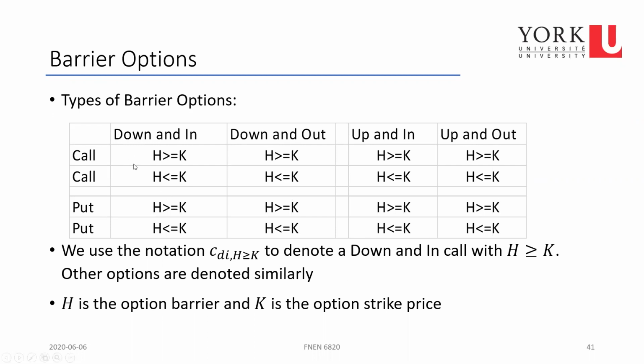For barrier options, let's say as a call, you can have a situation where the stock price is lower and in, meaning the stock price gets lower, and then the option is activated. Before that, the option is not activated.